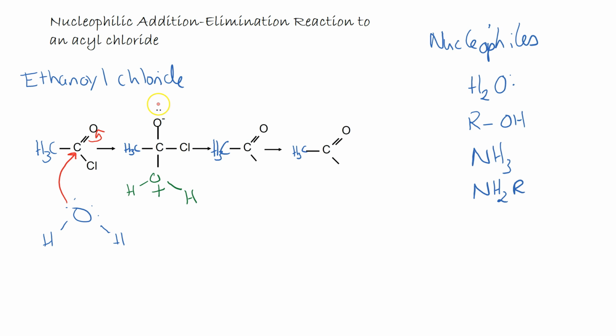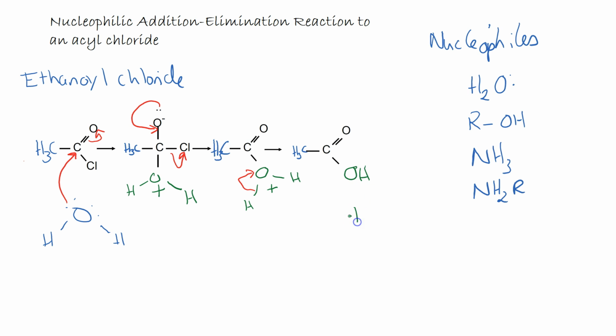The lone pair of electrons then from the oxygen go back into the bond between the carbon and the oxygen, and between the carbon and the chlorine we lose the chlorine atom, and we're left there then with the water with a positive charge, and this hydrogen ion then goes on to the oxygen, and we're left with an OH attached to that carbon.